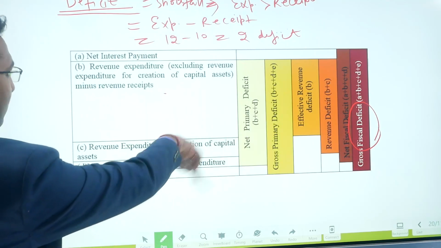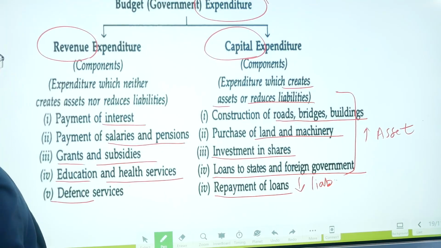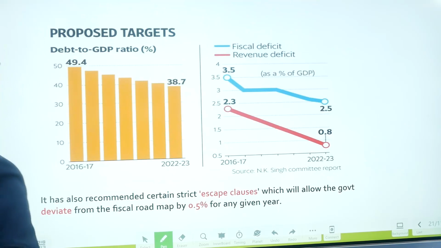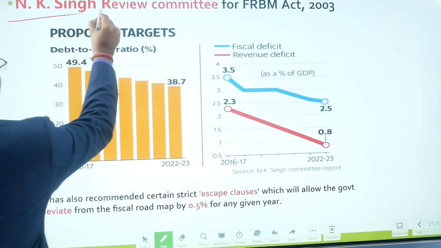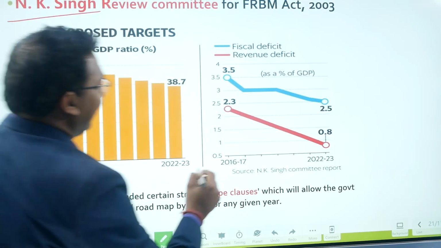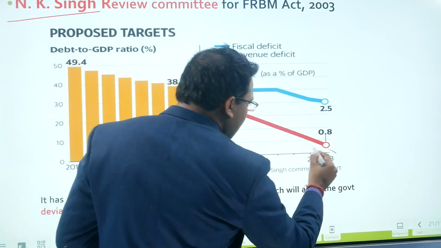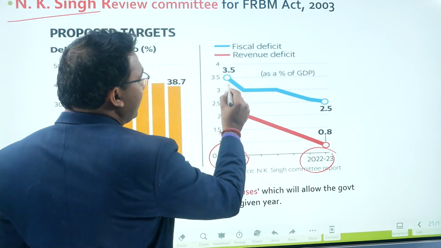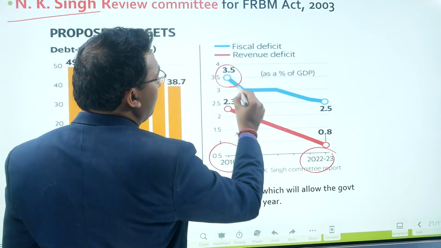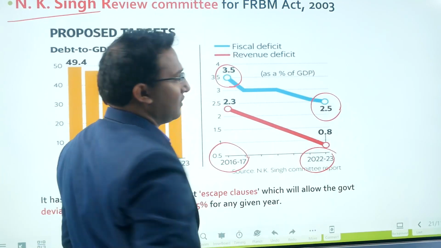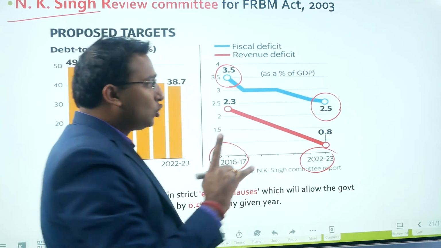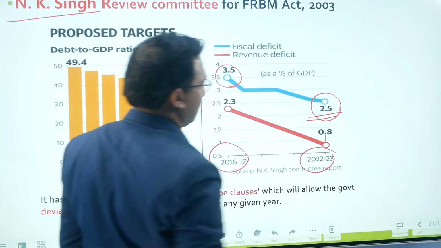So all these things I have covered in the discussion. These are the NK Singh committee recommendations. First recommendation is that from 2016-17 to 2020-23, the fiscal deficit will come down from 3.5% to 2.5%. So as per the NK Singh committee, 2.5% is the acceptable limit.